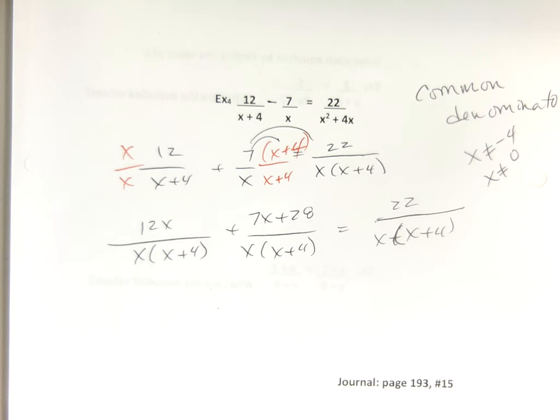So if I multiply this whole side here by x times x plus 4 over 1, what do I have to do over here? Multiply the same thing over here?